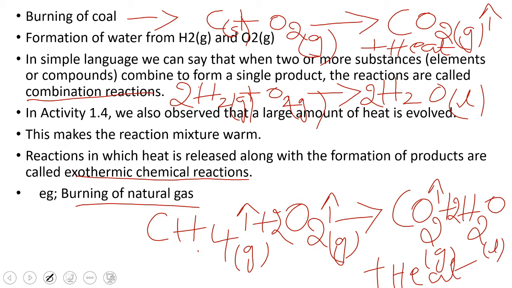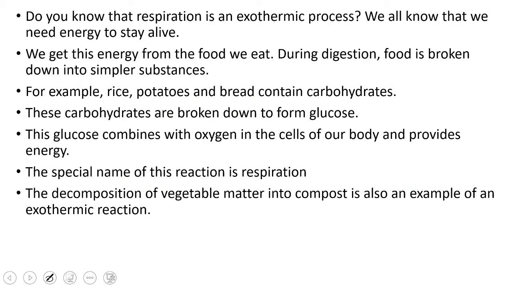As energy is liberated, those reactions are termed as exothermic reactions. In chemistry, exothermic reactions are denoted by minus Q. Q stands for heat energy. The negative sign indicates that heat energy is liberated. So all combination reactions are exothermic reactions.